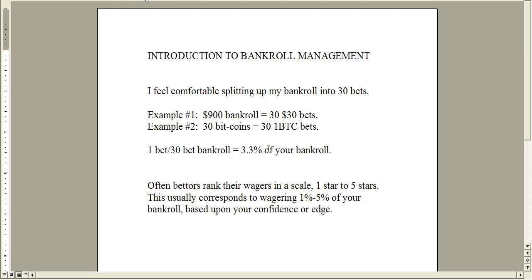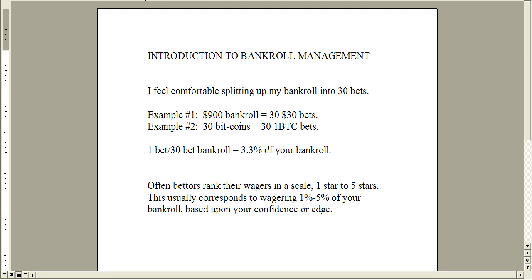Now let's talk about bankroll management specifically. You have your bankroll set aside, and I feel comfortable splitting my bankroll up into 30 bets. So I have 2 mathematical examples posted here on the page. Example number 1: if I set aside $900, that's 30 separate $30 bets. Example 2, if I have 30 bitcoins, divide that by 30, you have 1 bitcoin per bet. 1 bet out of your 30 bet bankroll is 3.3% of your bankroll.